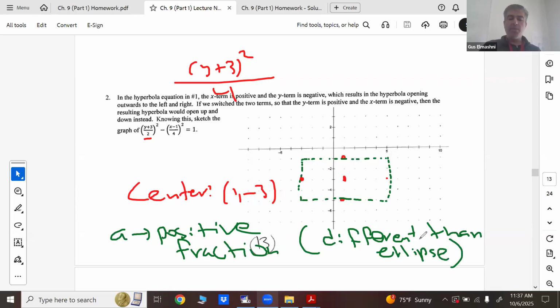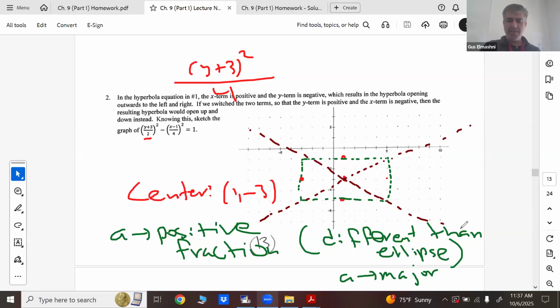Because for an ellipse, A was for the major and B was for the minor. Here, A is for the positive fraction. And I'm going to draw my asymptotes. Oh, that's pretty good, actually.